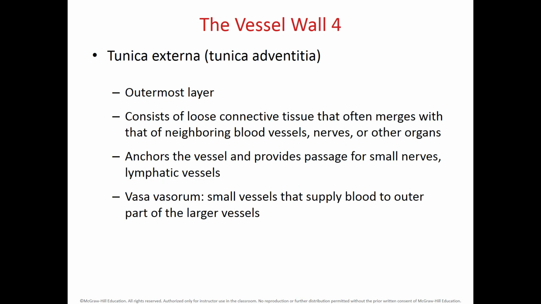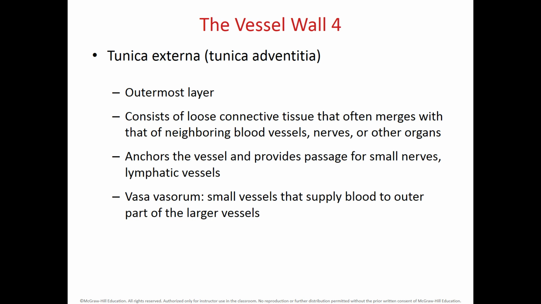The outer layer of the blood vessels is known as tunica externa or tunica adventitia. This is the most external layer, the one that is in close contact with the neighboring tissues, and within this tunica externa we have loose connective tissue that helps to anchor these blood vessels to nerves and other organs, so it will not be moving freely.